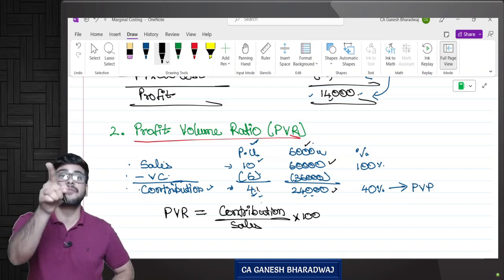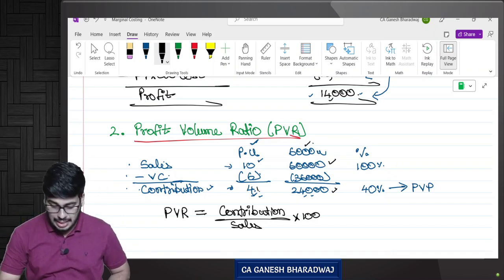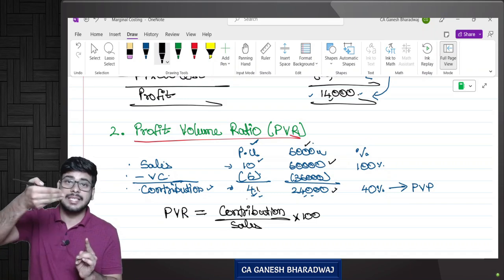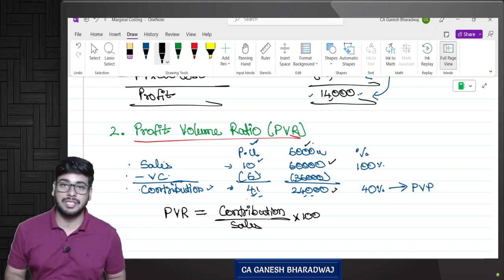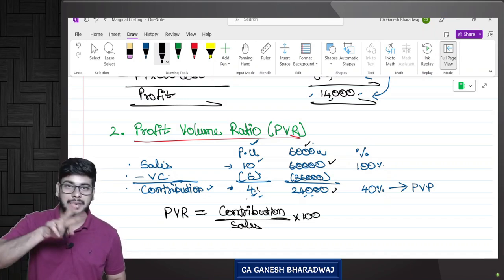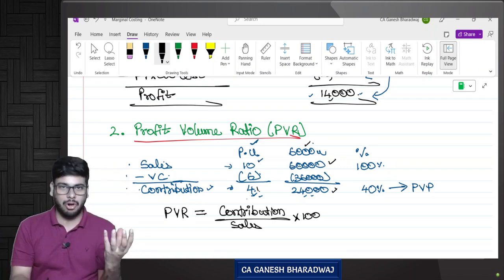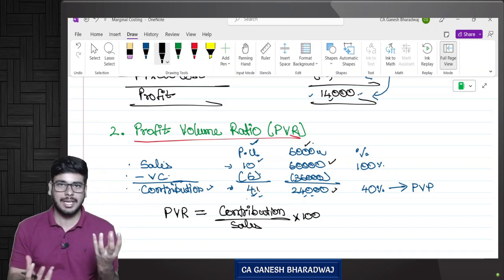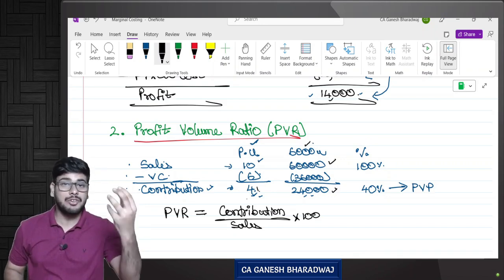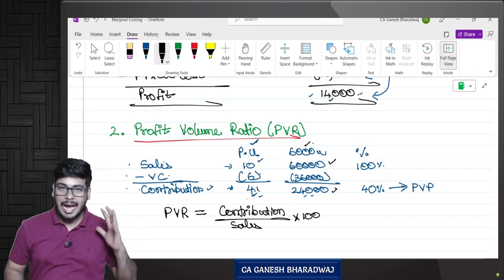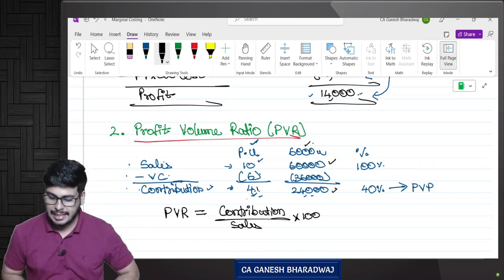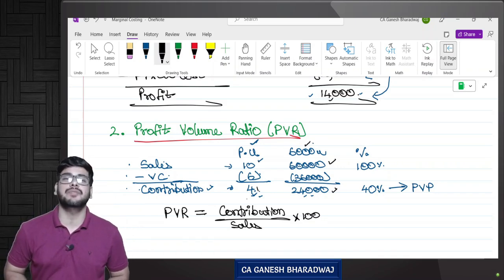What profit? Variable profit. So when the variable profit is established as a percentage of sale, that ratio, the PV ratio, is the profit for the volume. Here profit stands for contribution, volume stands for sales.